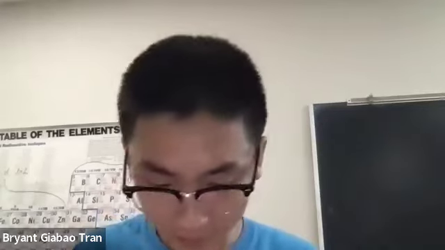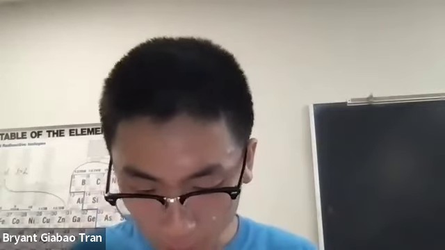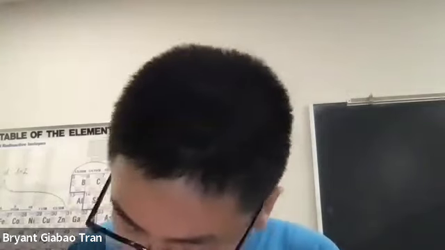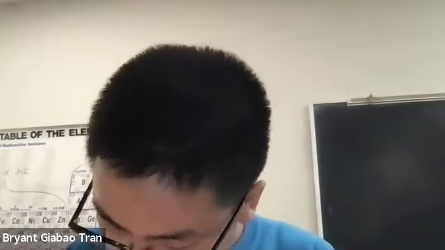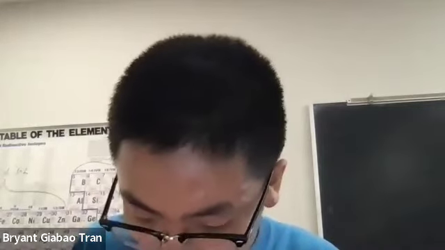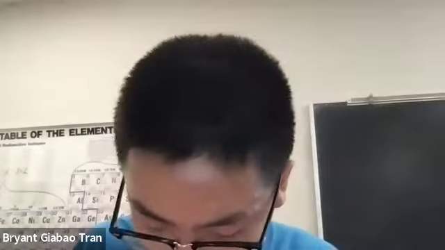Let's see. Right. So for this number 2, B, this one. Right. So for this one here, we have a carbonyl, specifically an aldehyde, and two alcohols, an acid catalyst.